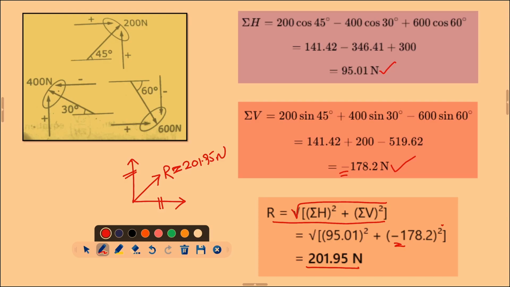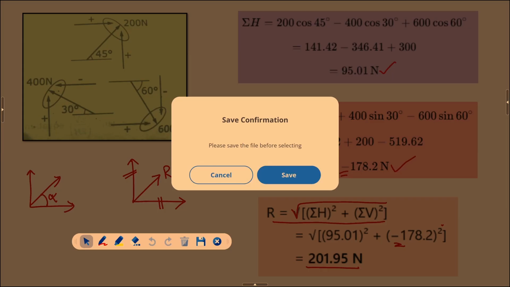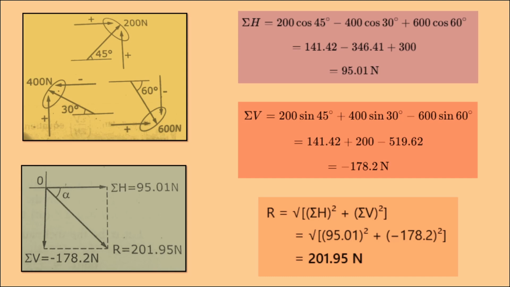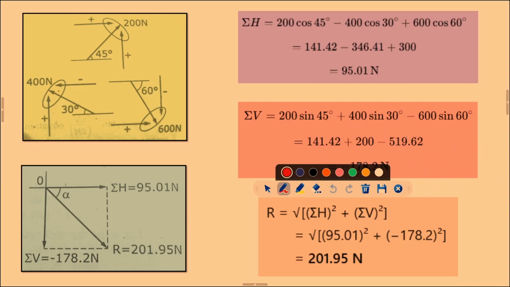The only thing left is: horizontal we found, vertical we found, resultant we found, but with respect to horizontal, what is its inclination? That alone is missing, and we need to find it out.